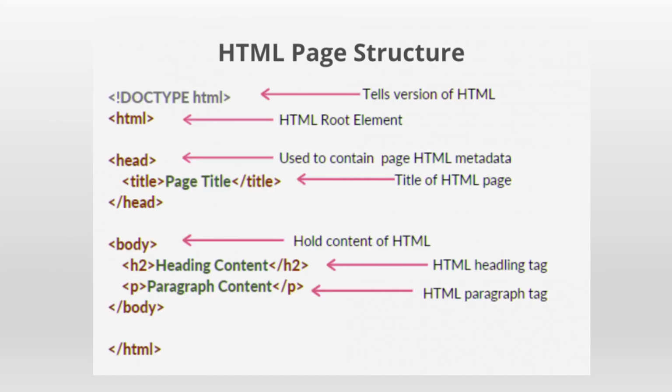Next, we will see the code, how we write an HTML document. This is how it looks whenever we create an HTML document. The first line is doc type HTML.